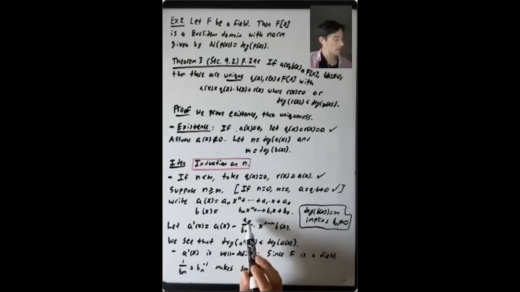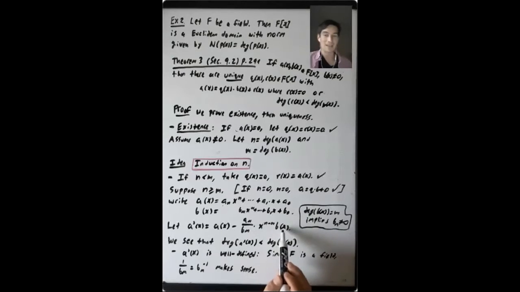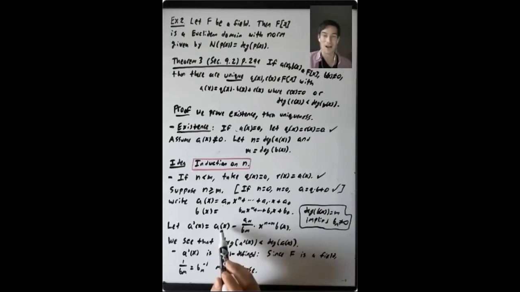And now you multiply by a_m over b_m, and you get the leading term of this is a_n x^n. So what have we done? We've chosen exactly the right monomial, like a single term, to multiply B(x) by, to cancel off the leading term of A(x).